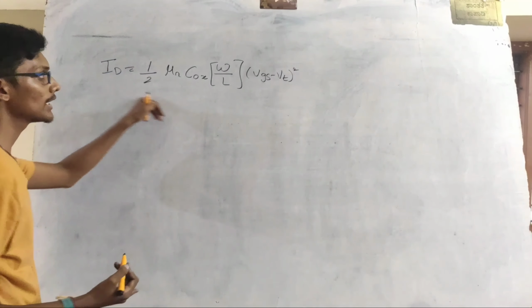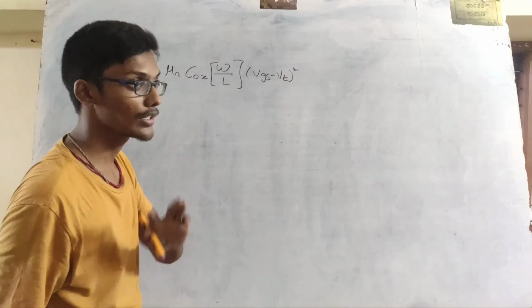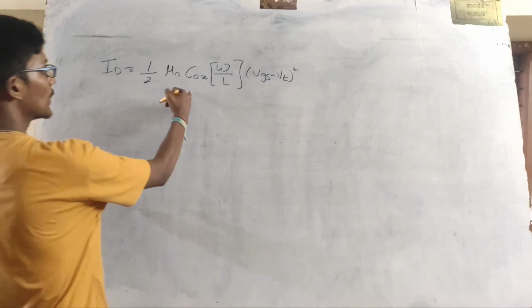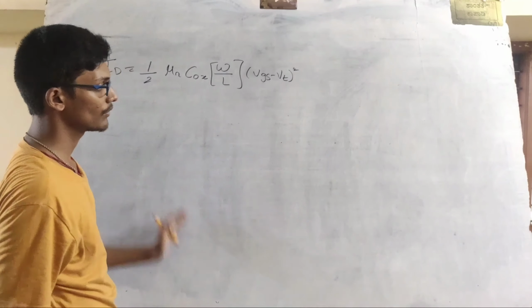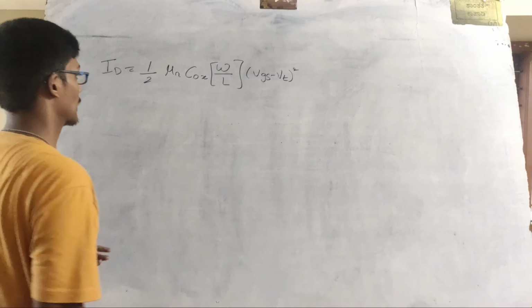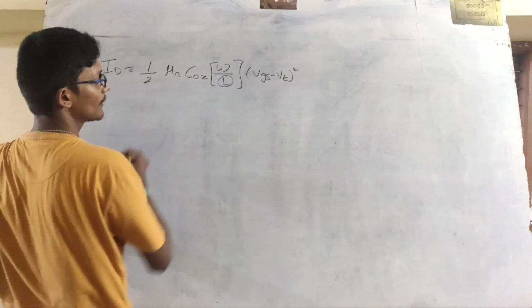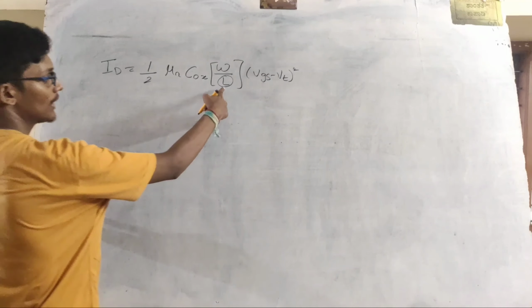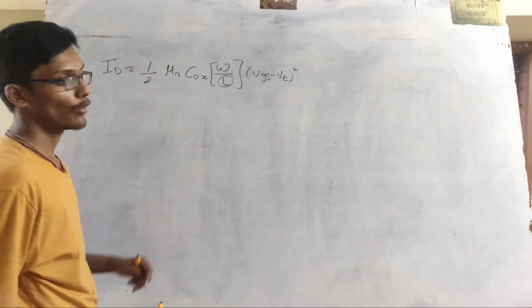This is the drain current equation when channel length modulation is not considered. Okay. So from this equation we'll derive the equation for ID when channel length modulation is considered. Okay, fine. So we have L here, that is the length of the channel. So now what happened?